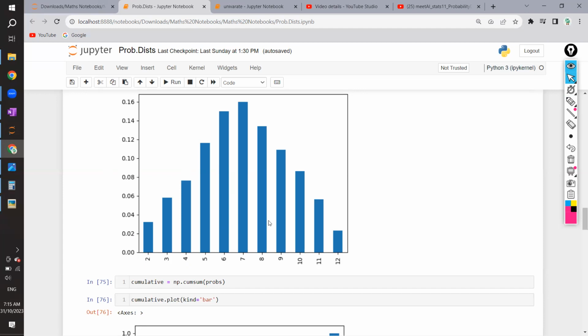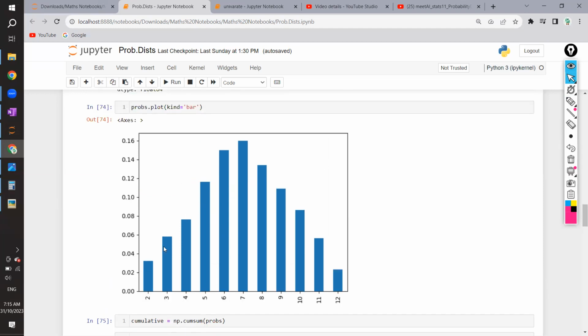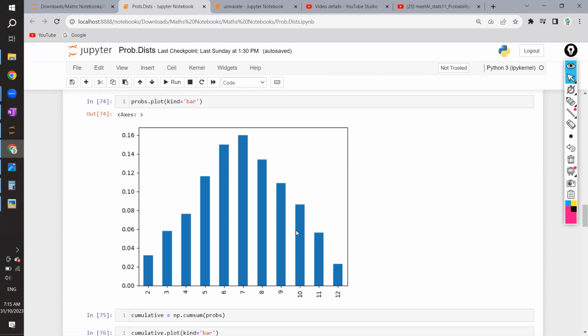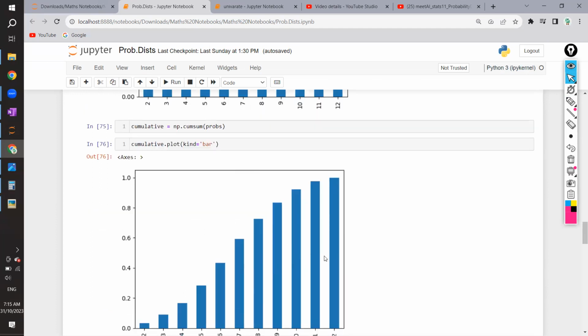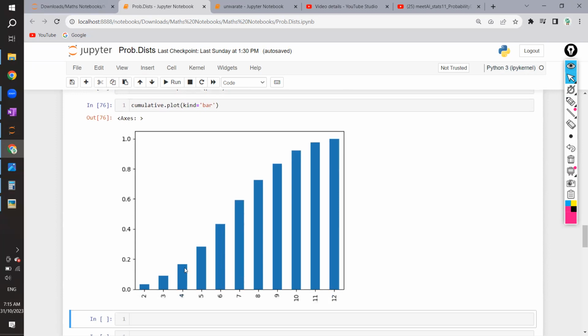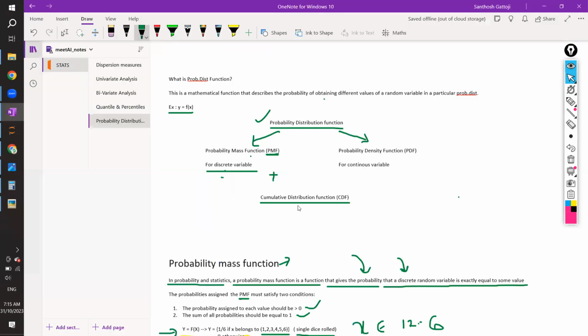It's not strictly a function, but just for understanding I'm saying this is the probability mass function, plus this is its corresponding cumulative distribution function, CDF. So you can do PMF plus CDF. Similarly, later we'll see how you can do PDF plus CDF also. But we'll come back to that.